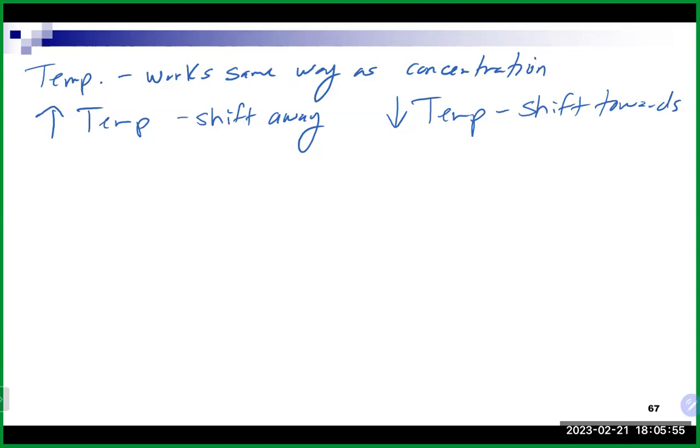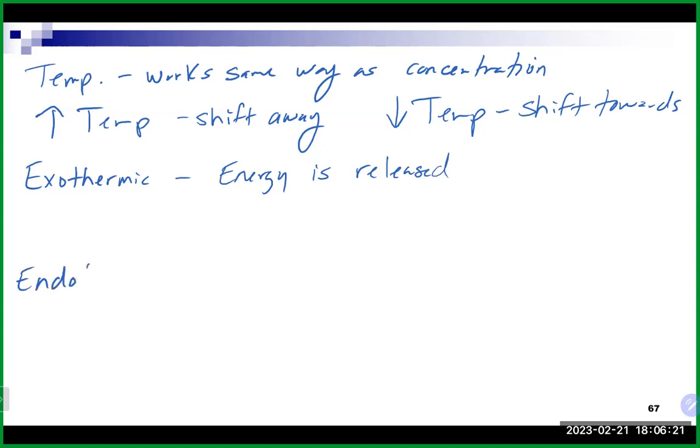And when we talk about energy, perhaps you're familiar with it from the previous class. When we talk about energy, there are really two types of reactions. There are exothermic reactions, which is when heat or energy is released, and there are endothermic reactions, which is when energy is absorbed.